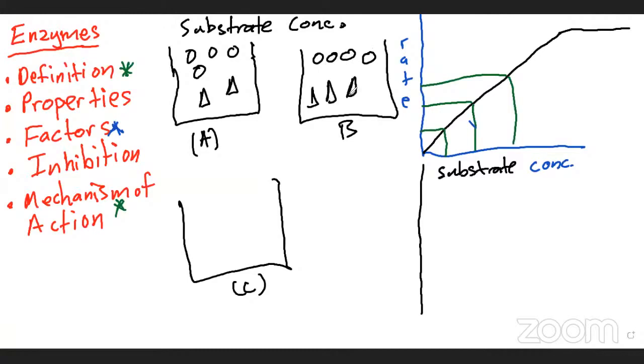And then we increase the enzyme concentration from one container to the next. All right, so remember, this is the enzyme, and these are the substrate. So question, in which of these containers do you think the rate is going to be the fastest? A, B, or C?